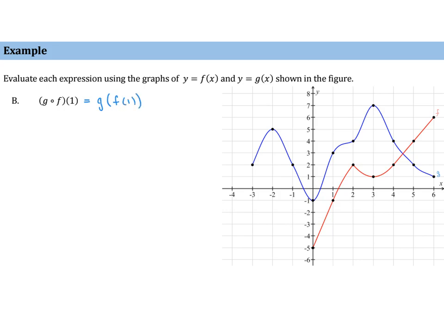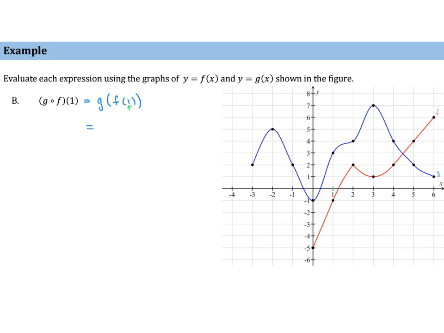So my suggestion is to pause the video and try this one for yourself. So now, if we find 1 on the x-axis, that's our input, and then find it on the output of f.